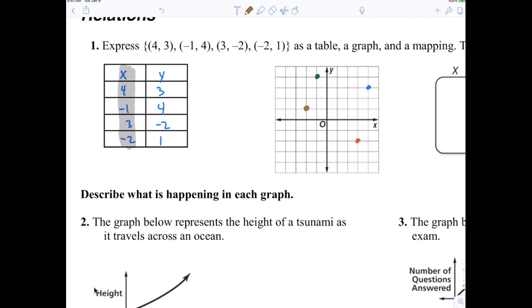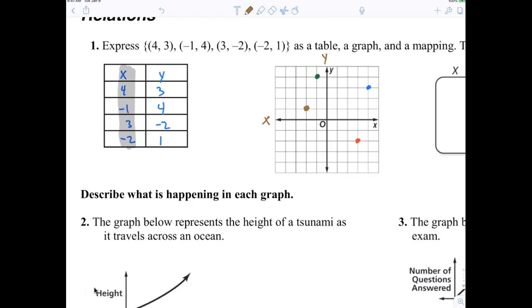Anybody have any questions? Yes, good for you. Well, listen, there's really nothing to understand. This is the x and this is the y. You move x first and then you move y second. Seriously, that's all it is.